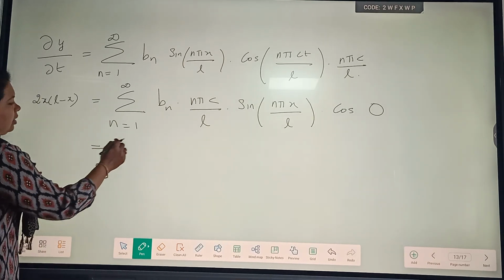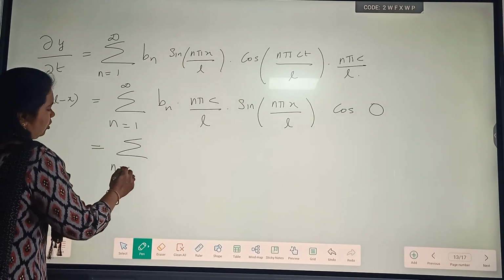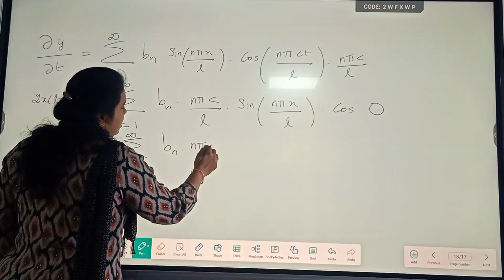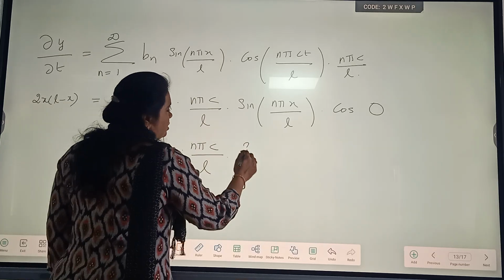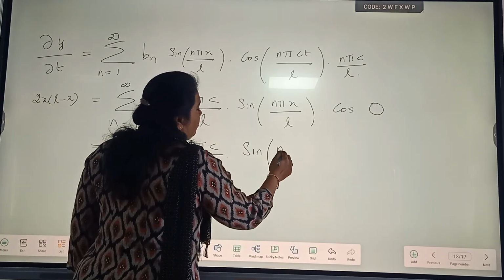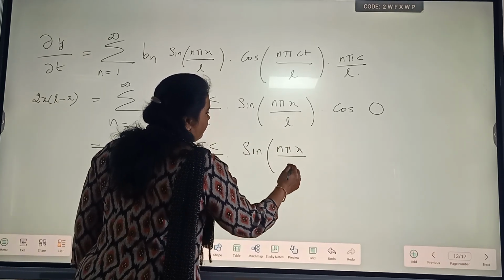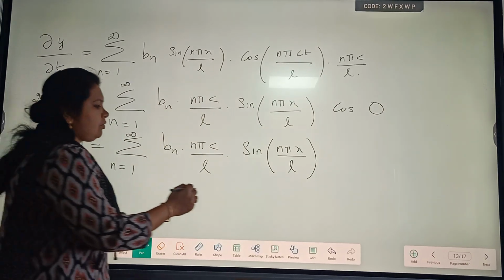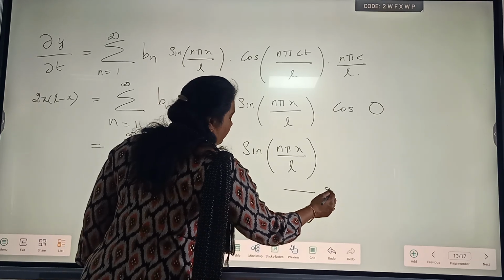So what am I getting here? Summation n equal to 1 to infinity Bn n pi c by L sine n pi x by L. Take it as equation number 9.